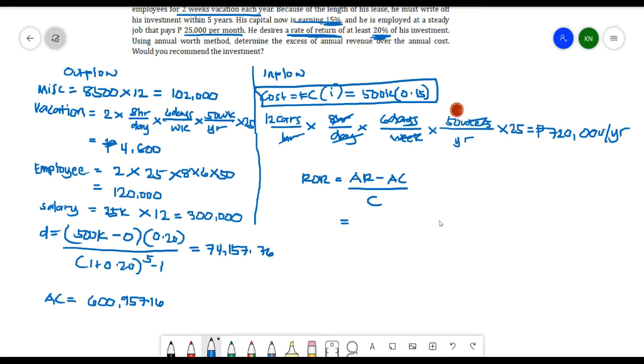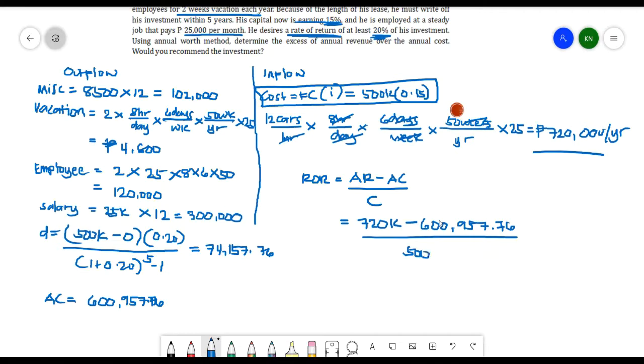So we just have the AR, or the annual revenue, which is 720,000 per year. So we have 720K minus our annual cost, which is 600,957.16. This is 119,042.84 divided by C, which is the capital.